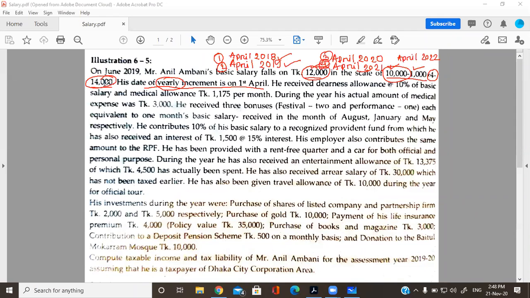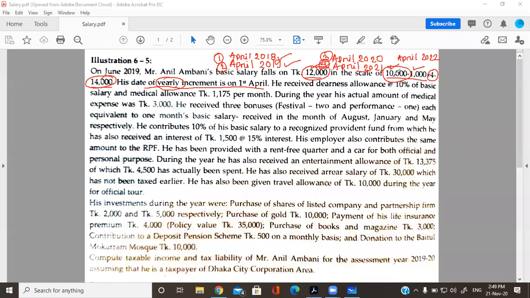So how has 14,000 been calculated here? It is 10,000 plus each increment worth multiplied by the number of increments. Have you got it? That is how an increment works and how the salary scale goes up.